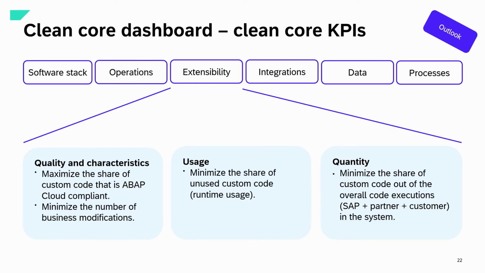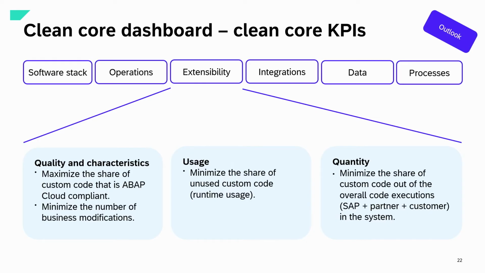So here again the example, as we are here in the extensibility area, what does it mean then to be Clean Core compliant concerning what is shown in the Clean Core dashboard? This is about maximizing the share of Tier 1 coding, as in the three-tier development model which I've shown before, how much coding is in Tier 1 compared to the other coding, also to minimize the number of modifications.